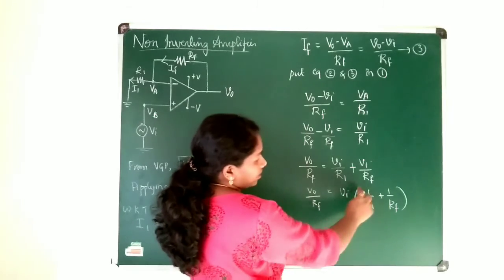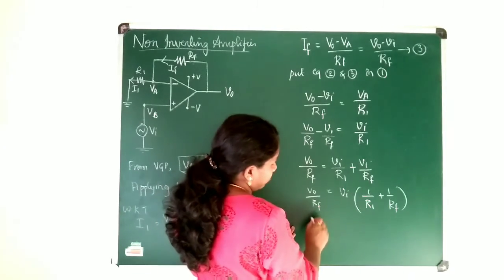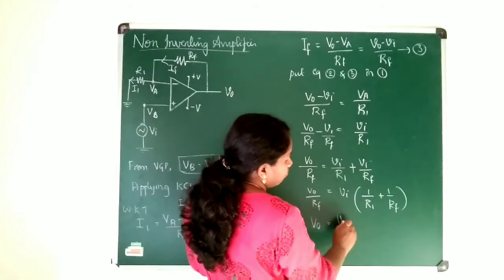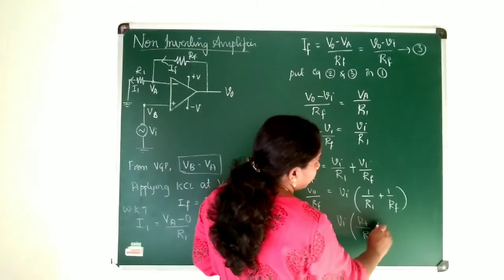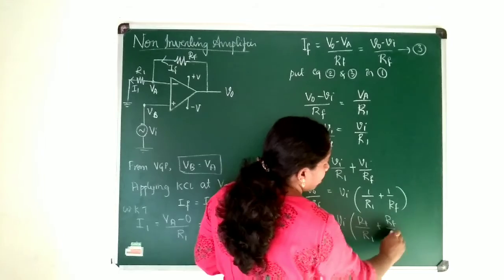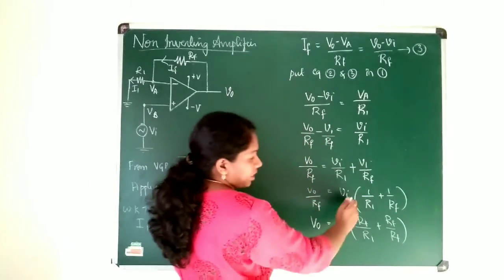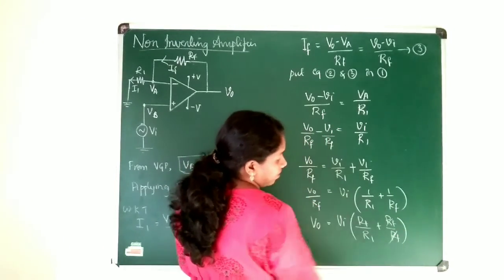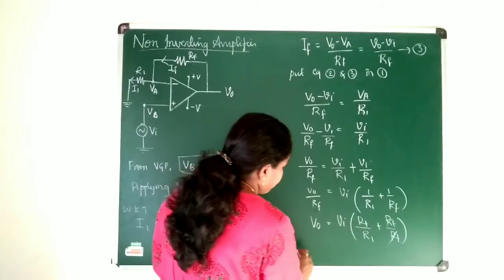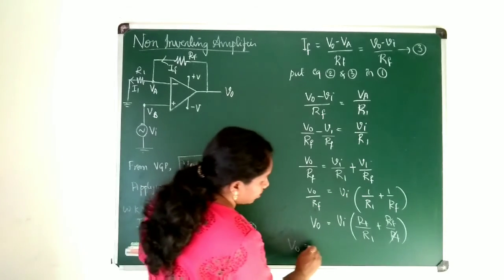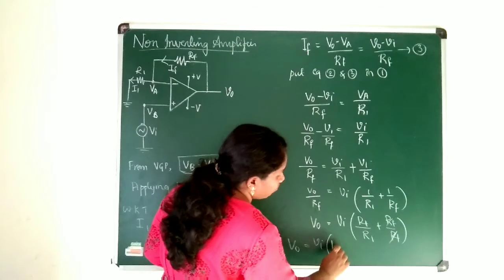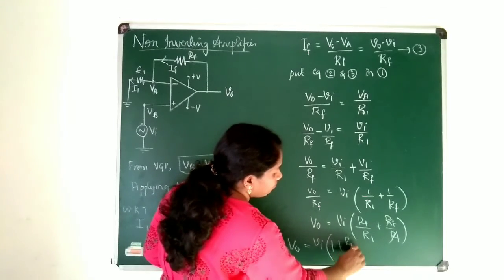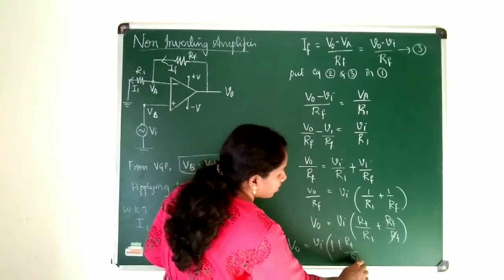You just cross multiply. V0 is equal to VI times RF divided by R1 plus RF divided by RF. I have taken it inside so that this RF cancels. So what will you be getting? V0 is equal to VI multiplied by 1 plus RF by R1.